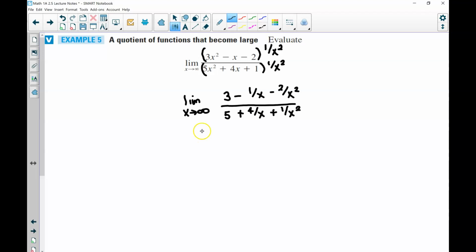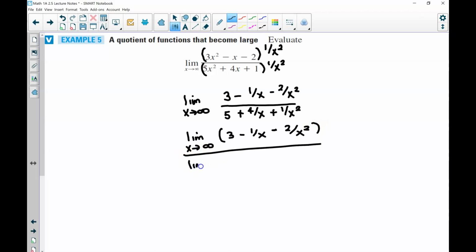Now we're going to follow our rules of the quotient. We take the limit as x approaches infinity of the numerator, which is 3 minus 1 over x minus 2 over x squared, all over the limit as x approaches infinity of 5 plus 4 over x plus 1 over x squared.